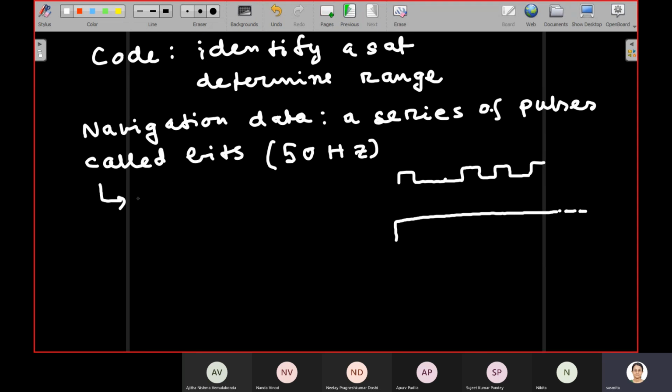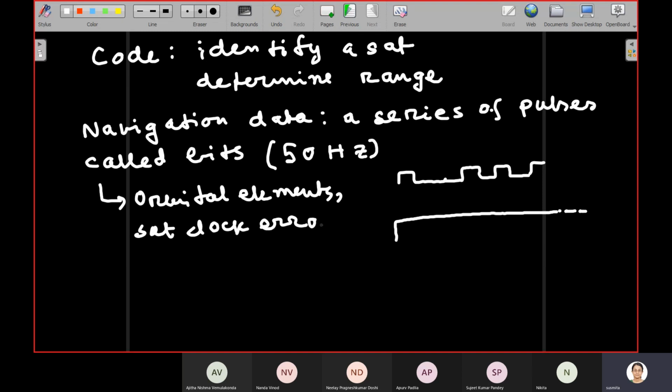It basically transmits all the information pertaining to the system, GNSS system, spacecraft, and other things. Timings, GNSS time, then orbital elements. So each satellite will transmit its orbital elements. Then satellite clock error from GNSS system time.